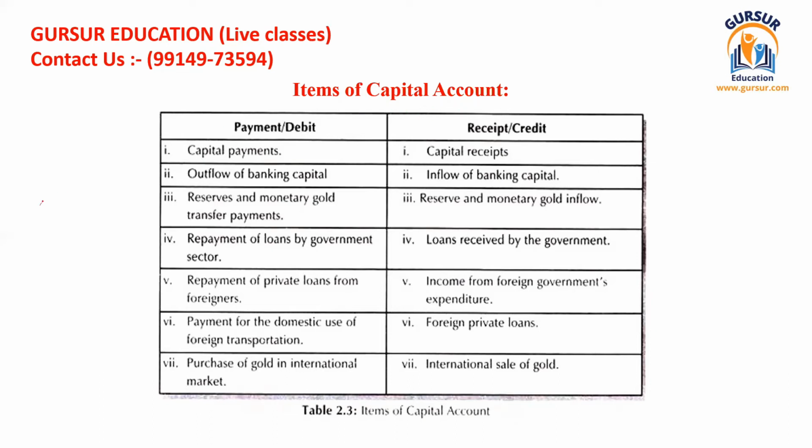Again, I suggest you not to cram all these things, but you must understand them by going through at least 3 or 4 readings, so that they are stored somewhere. You must be able to differentiate between the items of the current account and the capital account. If you can differentiate these two, then you don't need to remember all the tables included in this video lecture.